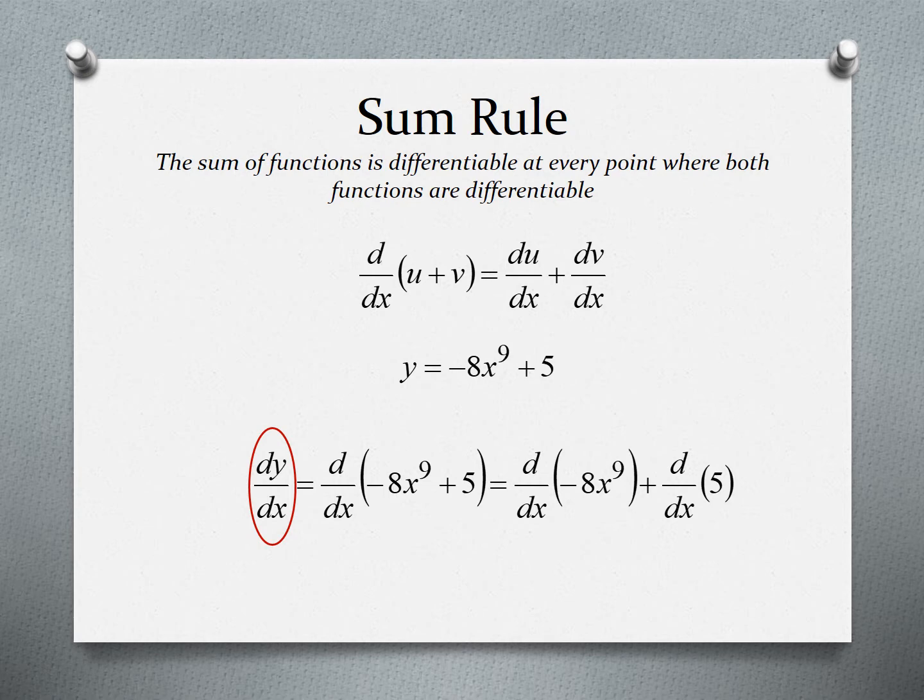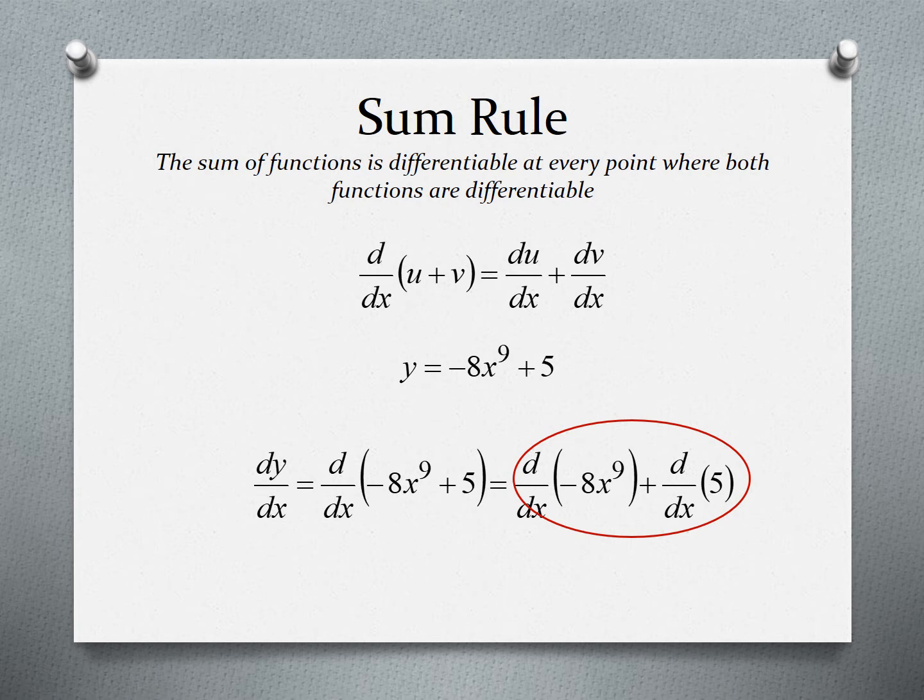But notice how I have my initial indication that I'm going to differentiate, dy over dx, and that is equal to d over dx of my function. The next piece, I'm just splitting them up and saying I'm going to differentiate these terms separately.